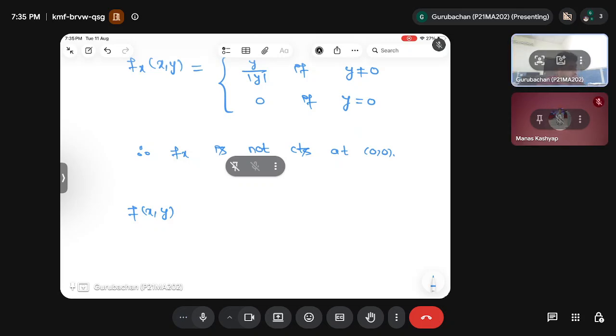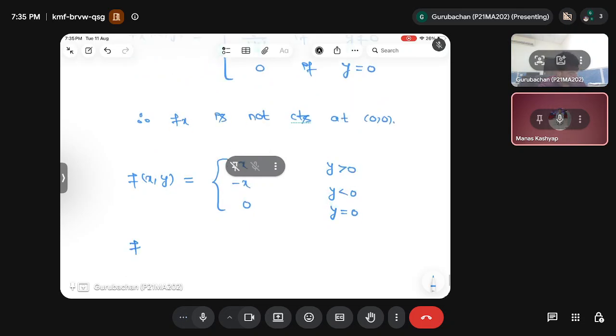So how can we guarantee that? See, if you write this one, we have to redefine it for y greater than 0, y less than 0, then x and minus x, and then 0. So fy of (x, y) is not differentiable, it is a basic mod function.